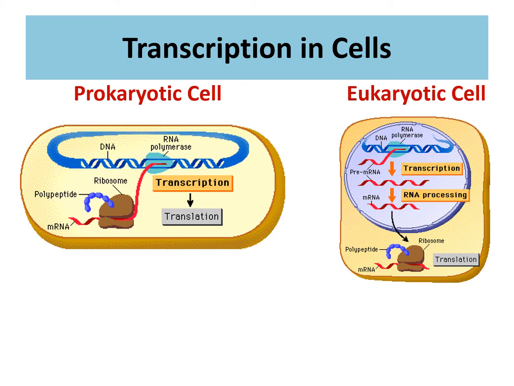Here I would like to show the different transcription processes in prokaryotic cells and eukaryotic cells. As we know, bacterial cells do not have an organized cell nucleus, so they don't have a nucleus, right? So in bacteria, transcription and translation can occur simultaneously.